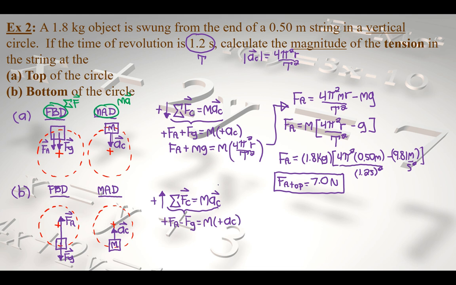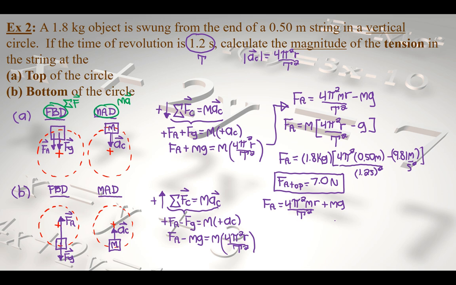And let's do the same thing. Let's expand and get FA by itself. So this would then be FA minus FG, which is M times G. This would be equal to M times AC, which is 4 pi squared R over T squared. Okay, let's add mg to the other side. And then we would have FA equal to 4 pi squared mr over t squared, and this time we're going to add mg to both sides of the equation.